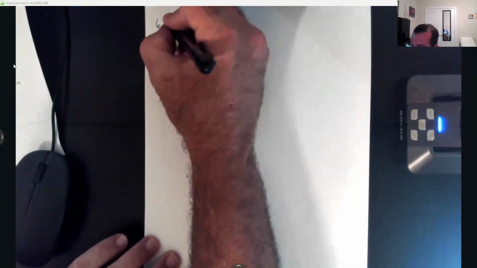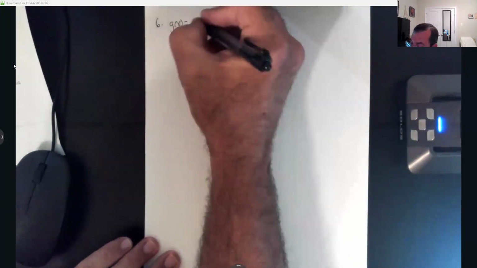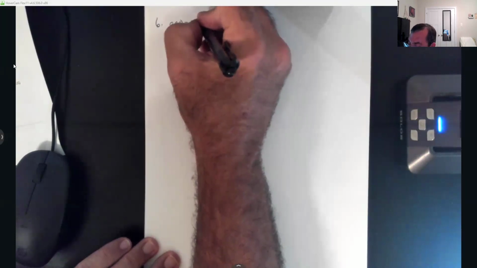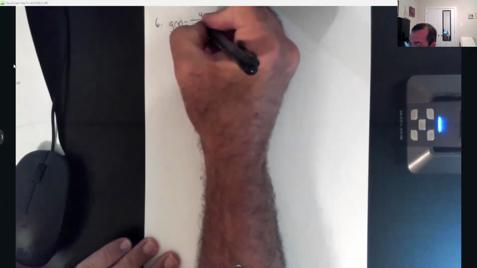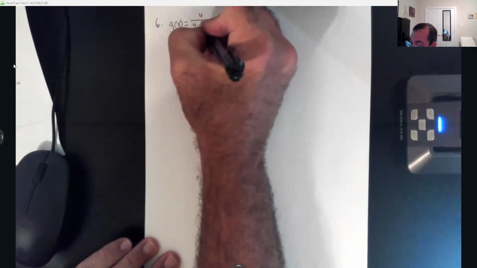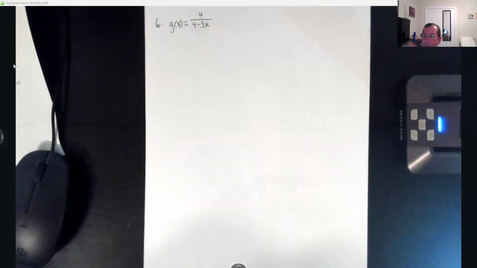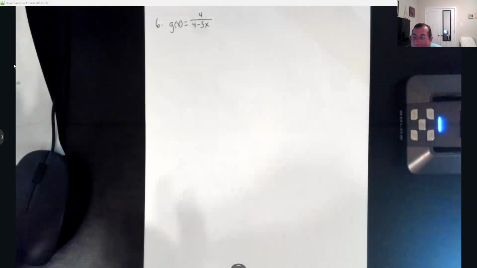All right, this one has a g of x equals 4 over 4 minus 3x. So that's a little trickier because they threw that number in front of that x on us.